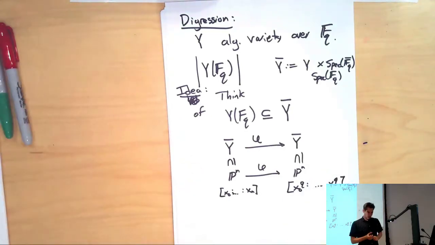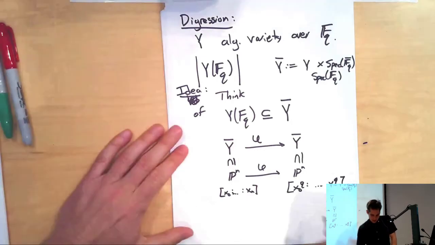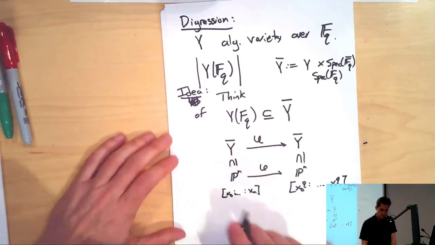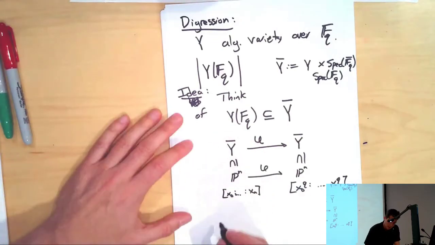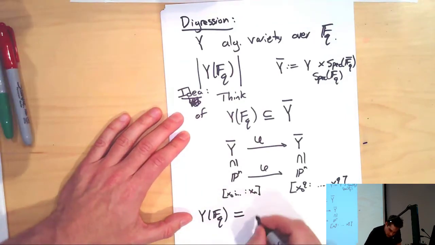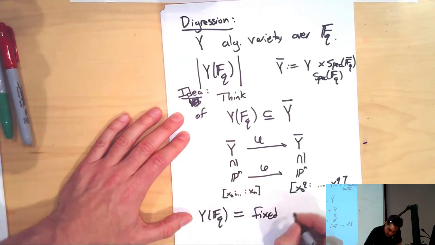So if Y bar is defined inside of projective space as the solutions to some polynomial equations where the coefficients are in FQ, then raising everything to the qth power is an operation that takes a solution to those equations and outputs another one. So this phi gives you a map from Y bar to itself, and then the FQ valued points of Y are just the fixed points of this geometric Frobenius.